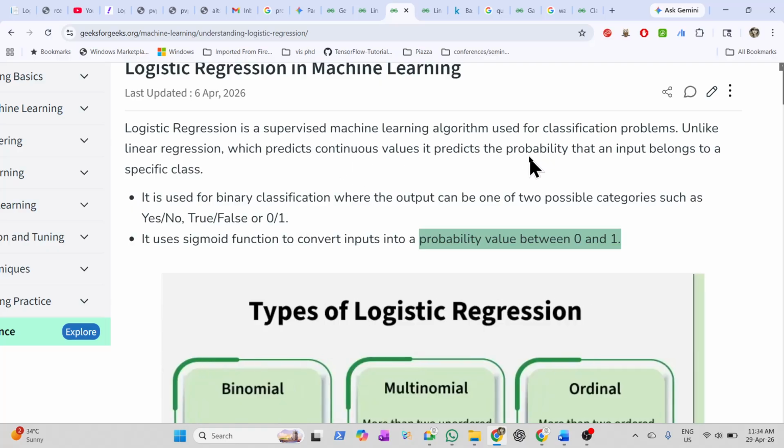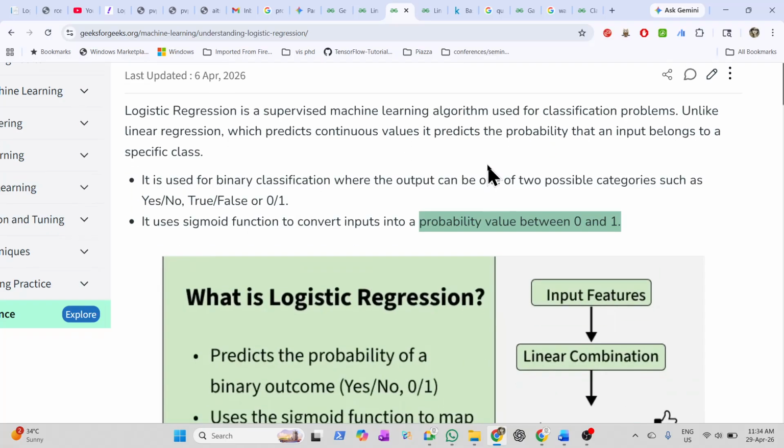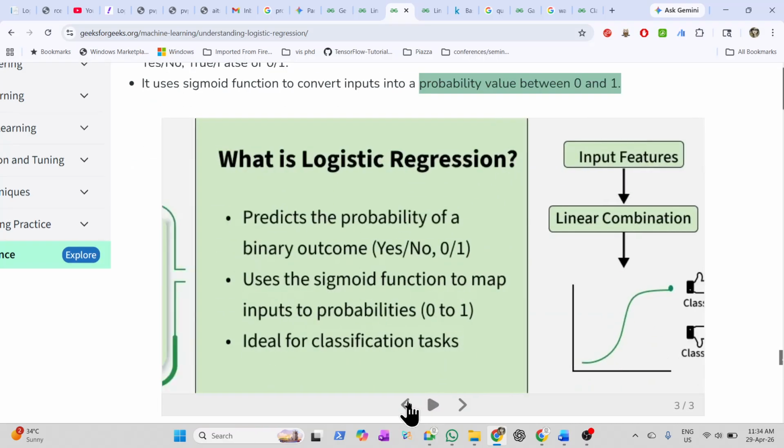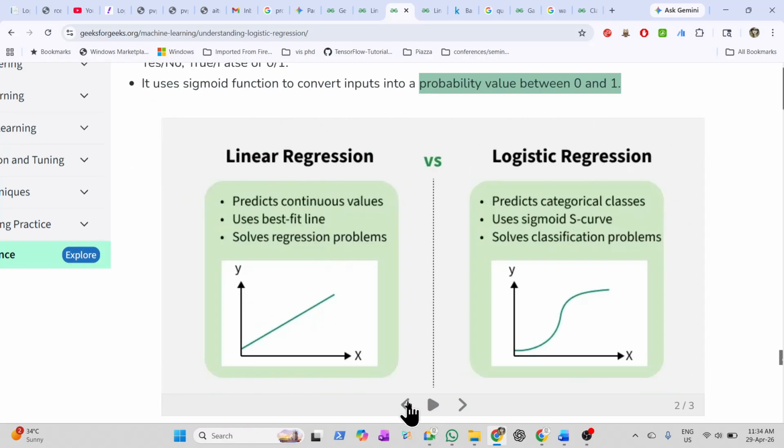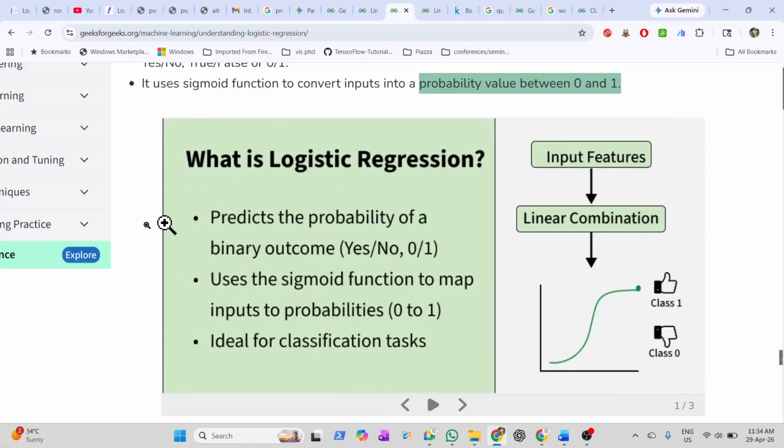From the probability value, we determine the class. Let us look here at what is given. What is logistic regression? It predicts a binary outcome. It uses the sigmoid function.